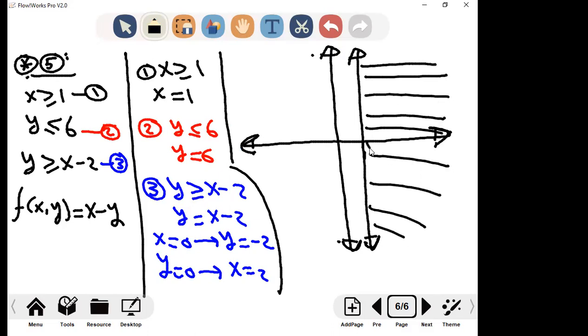The second one, y equal 6. But y is less than or equal 6, so I'm going down.